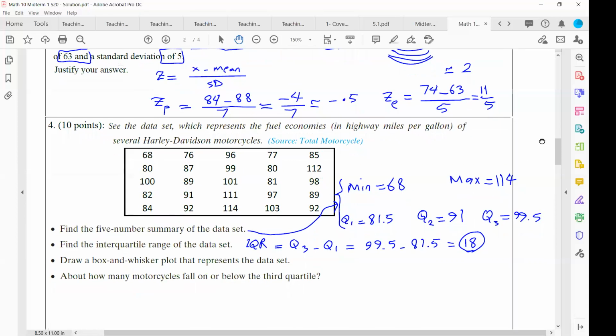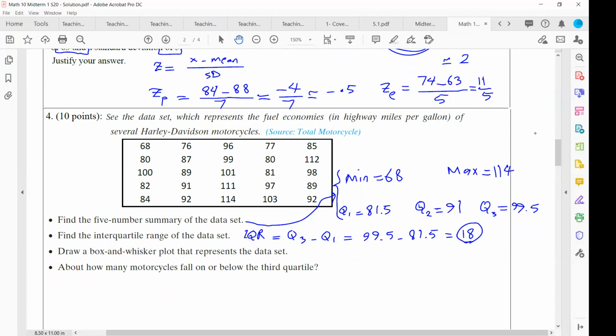Now to graph this, we just need the minimum value, the maximum value, a little bit of scaling, 68, and the maximum 114. So here, suppose this is the middle one. Let's say it is just 90. Then here you have 100, 102. And here you have, for example, your 80.